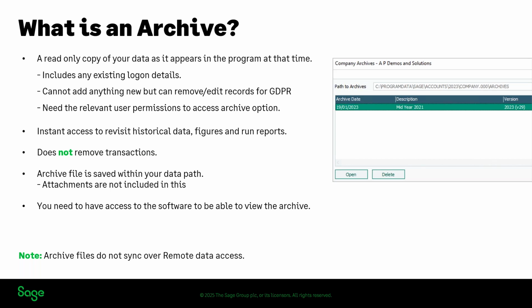Please note, archive files do not sync over remote data access. So the purpose of an archive is when you've run the likes of a clear audit trail, it's going to remove data. And we're going to come into that a little bit in the next section.